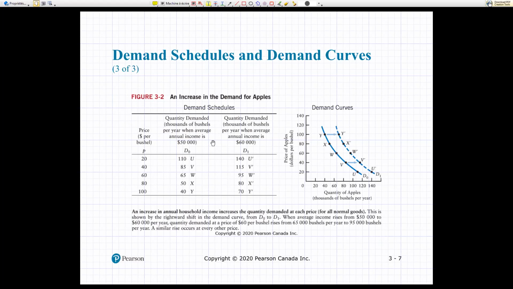Then if we make the person richer by increasing the annual income to $60,000, for every possible price you would have a greater quantity demanded, because the person has more money to spend on more apples. And so it looks like it's shifting right.